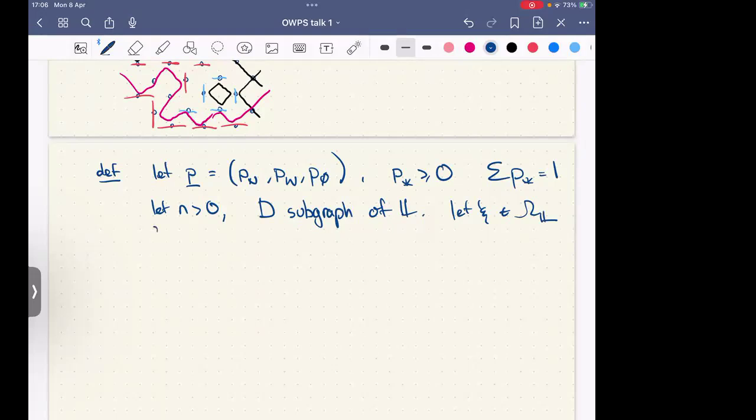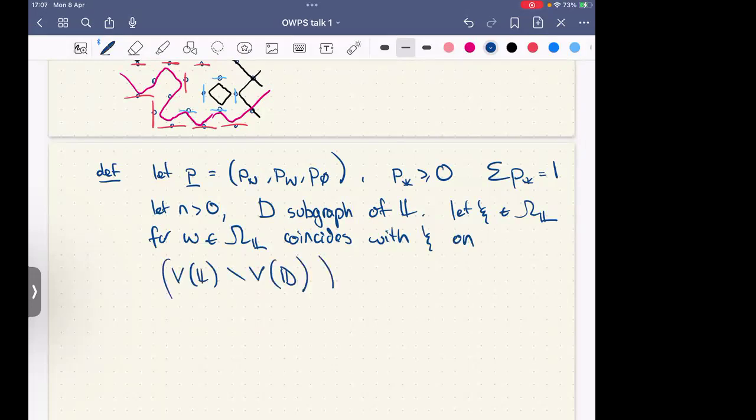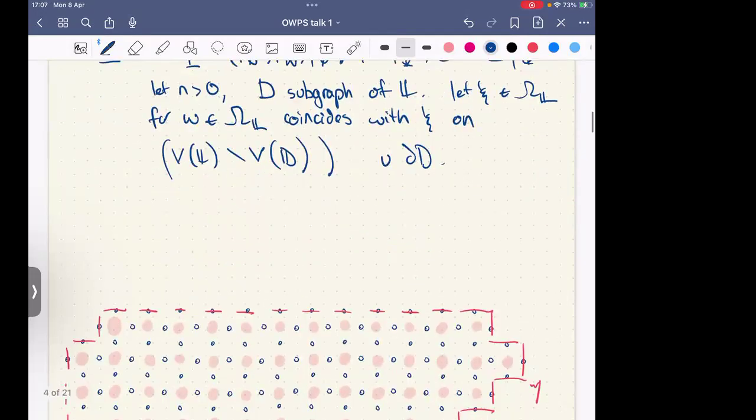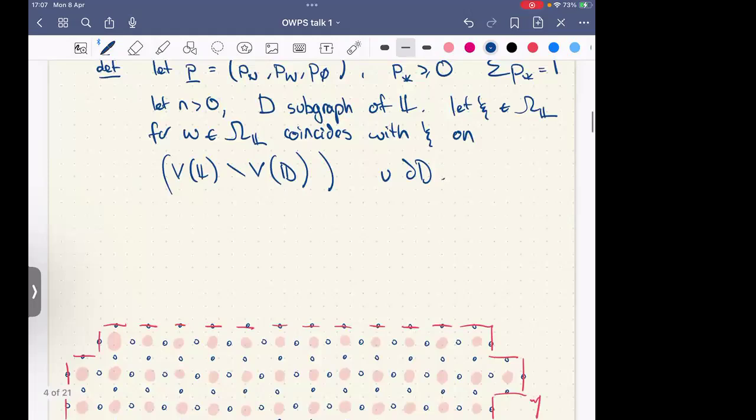Okay, and then for omega, also on the entire lattice, which coincides with psi outside of D, so on vertices of L take away the vertices of D, and on the boundary of D, the vertices on the boundary, let P, and then our boundary condition is psi, we have P, n, and D.